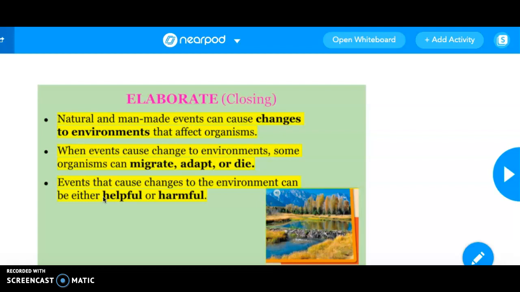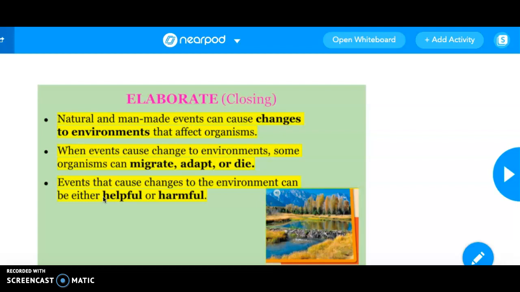Next, you need to know that when these changes happen in an ecosystem, we have what we call MAD. That means migrate, adapt, or die. Migrate, the key word is move. If that bear's habitat is now gone, it needs to move and go find another home. Or it also has the option to adapt. He can stay, but he's going to have to find something else to make his new home.